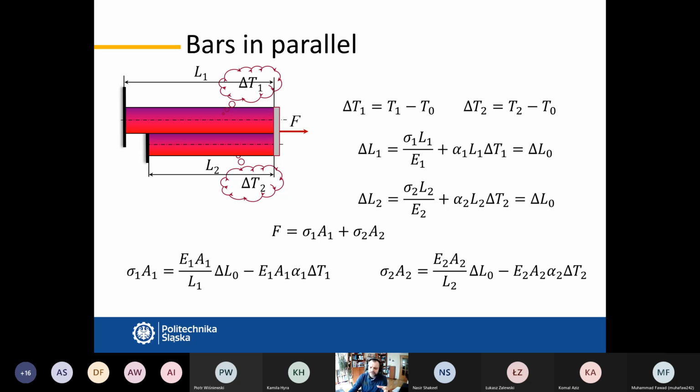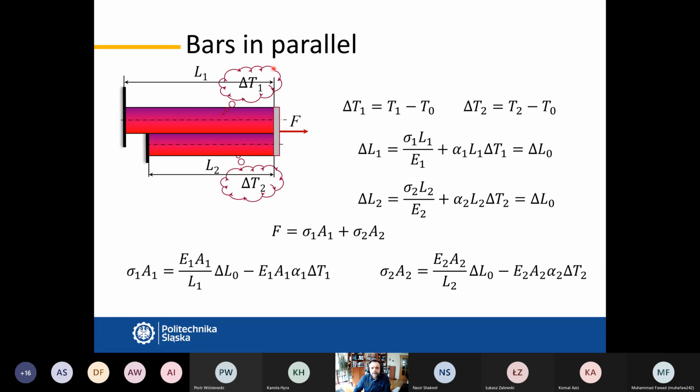And next, we finished our last lecture with bars working in parallel. So two objects connected together, and we discussed the first case.